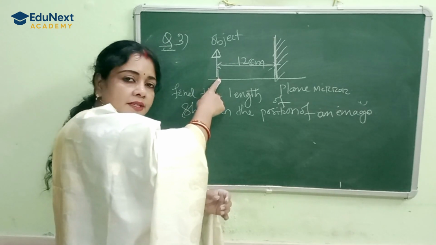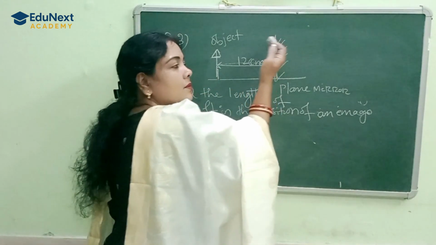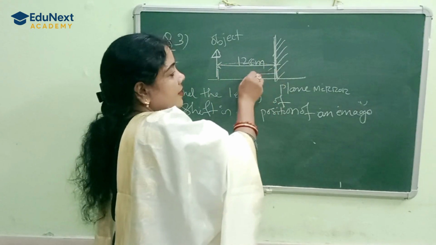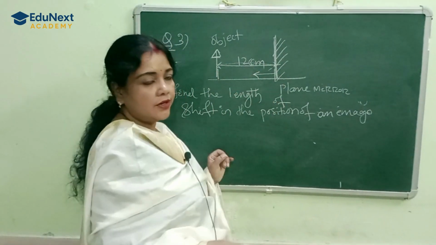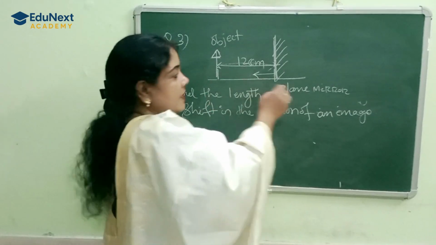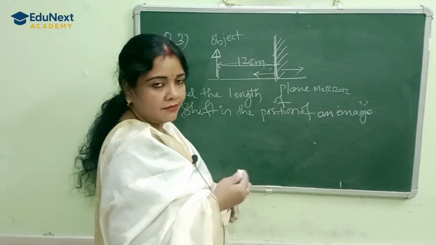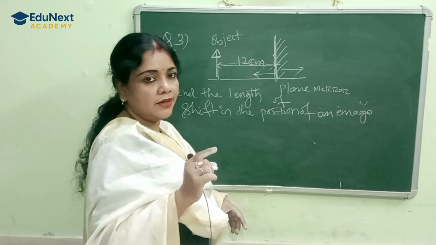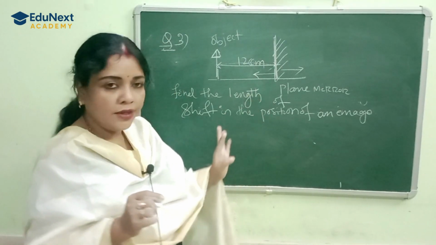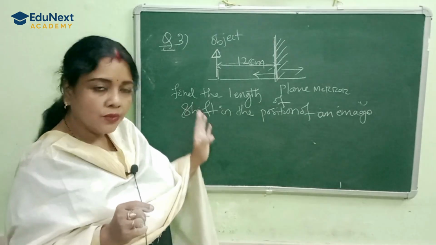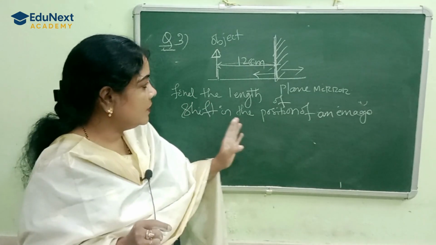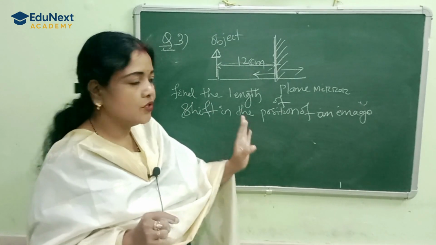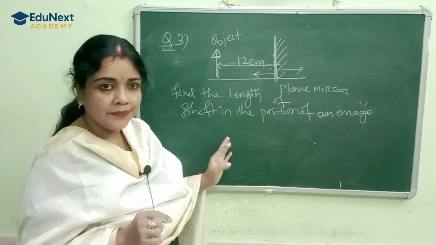Now your question is that keeping the object fixed, you need to move the mirror towards the object and away from the object. Means both ways you need to move your mirror. Now whenever you are moving the mirror, your question is to find out the shifted position of the image.